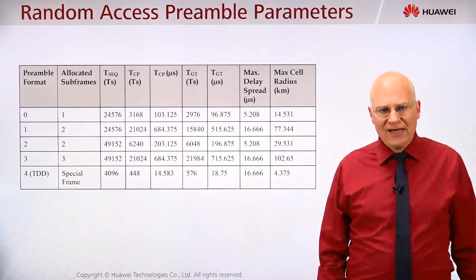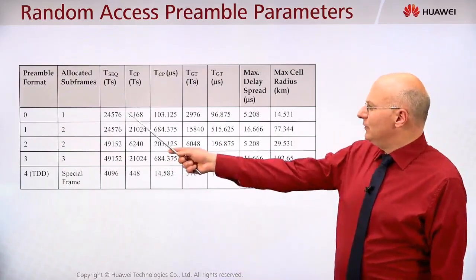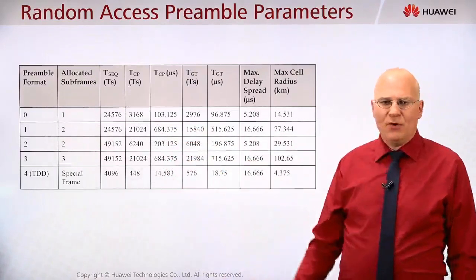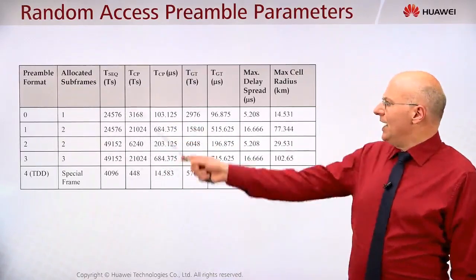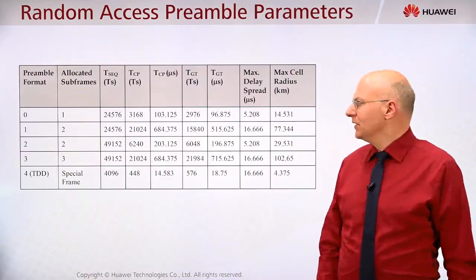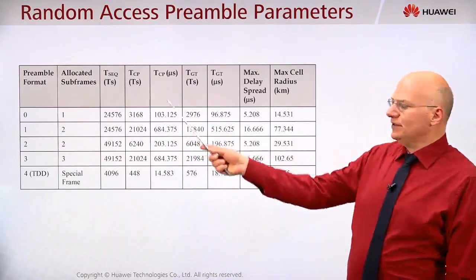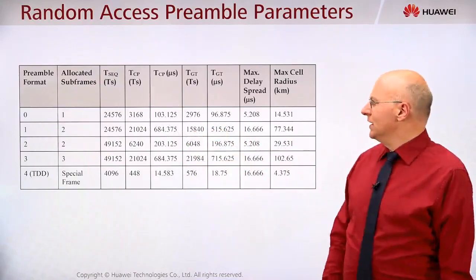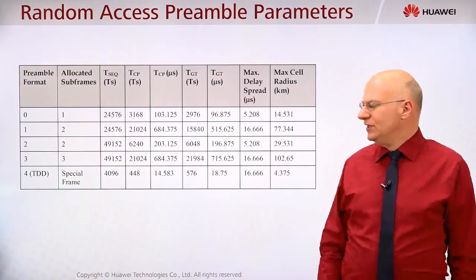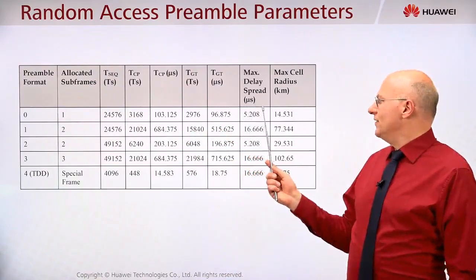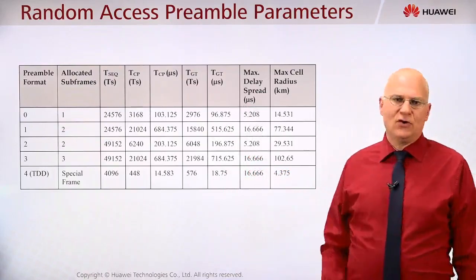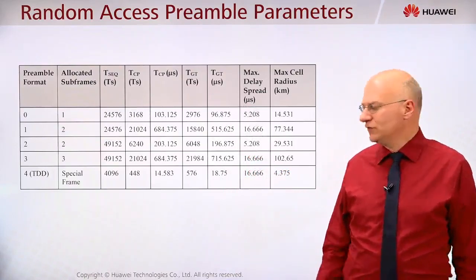They are defined by the sequence length given in the time unit TS, the CP, which is the cyclic prefix, given in TS and in microseconds, and then the guard time given in TS and also in microseconds. The maximum delay spread is directly correlated to the length of the cyclic prefix.